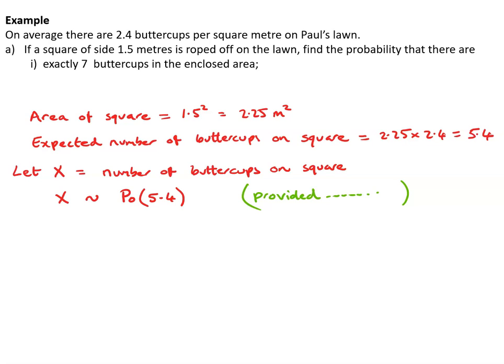They appear one at a time. In other words, you can't have 2 buttercups on the same space. And that there is this average rate of the buttercups appearing of 2.4 buttercups per square metre. If that's the case, then the probability that x equals 7 will be 5.4 to the power 7 divided by 7 factorial times e to the minus 5.4, which gives me almost exactly 0.12.